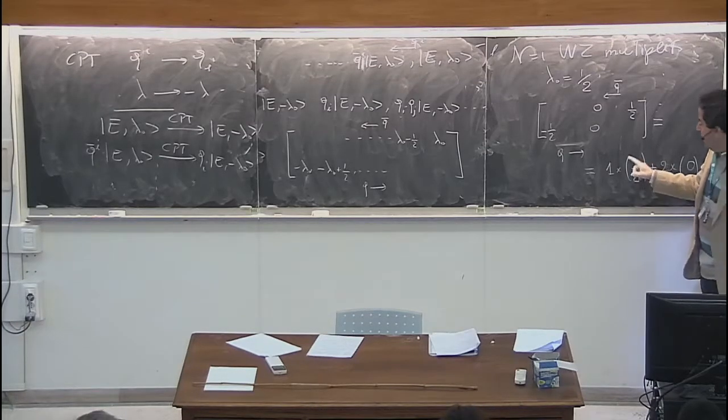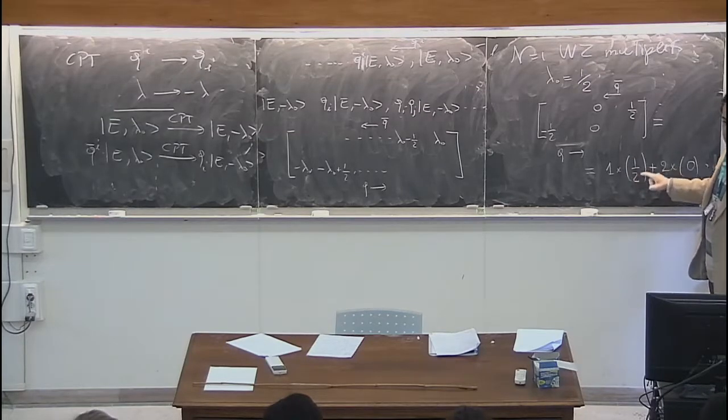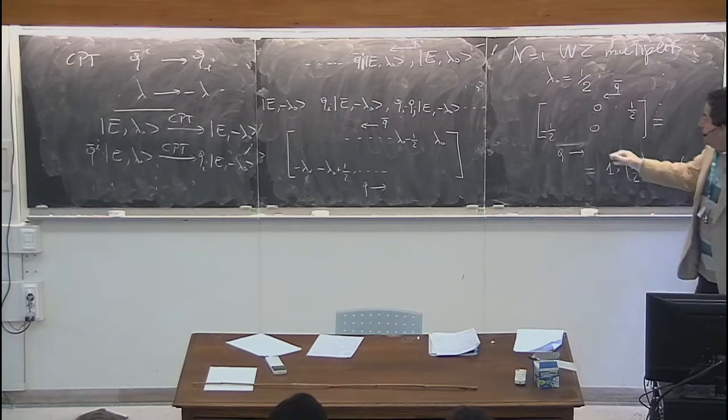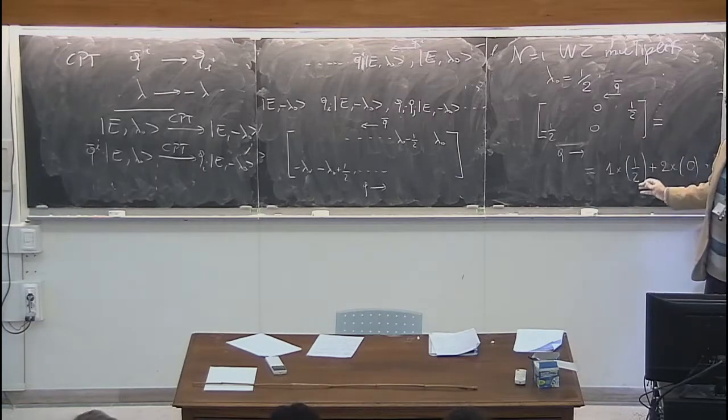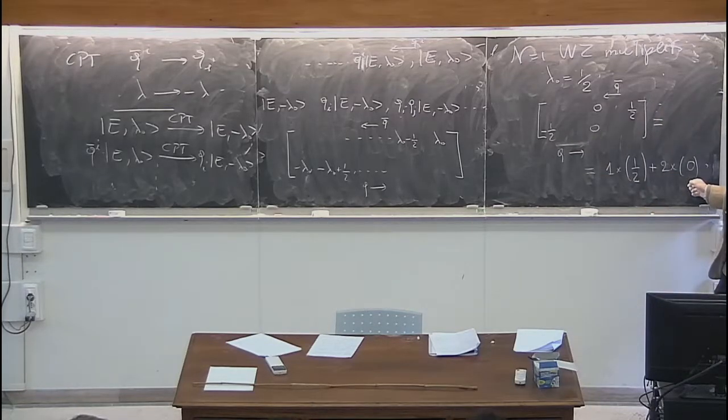So when we write in round brackets a spin, we refer to the two helicity states of the spin, plus and minus 1/2. So this clearly defines a spin 1/2 massless particle. So the representation contains a spin 1/2 massless particle with its two helicity states and two scalar fields. This is the Wess-Zumino multiplet.